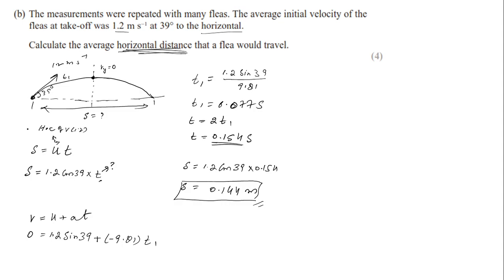So this is the first technique, and we use this technique frequently. Another technique is, because we are given initial velocity, not the component, and we are given the angle, we can use the direct formula for range.